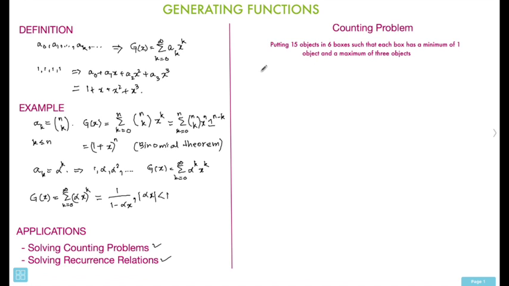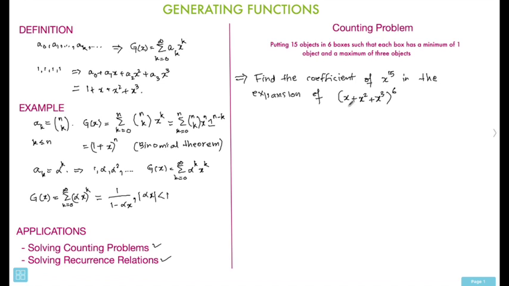So what do we want? Basically, in terms of generating functions, we will write that we have to find the coefficient of x to the 15 in the expansion of (x plus x squared plus x cubed) to the 6.